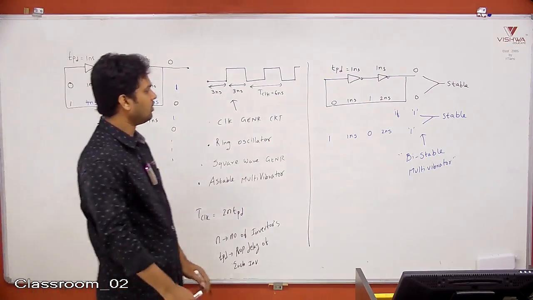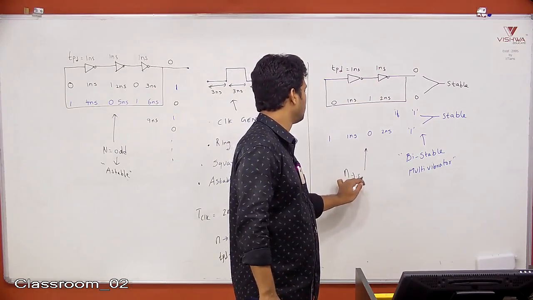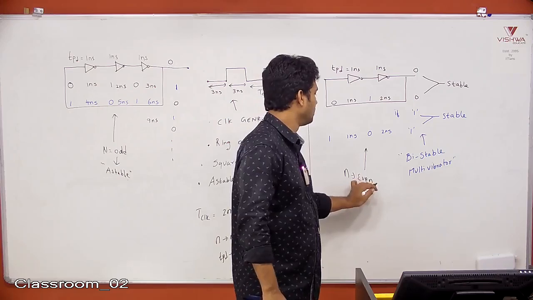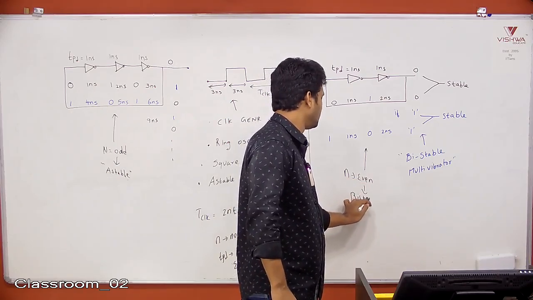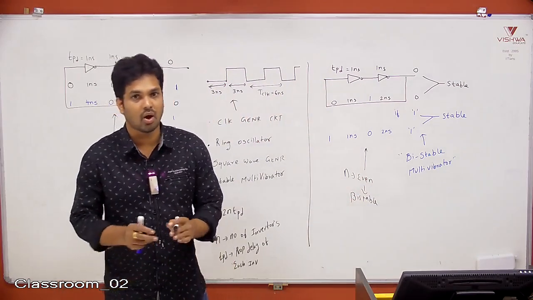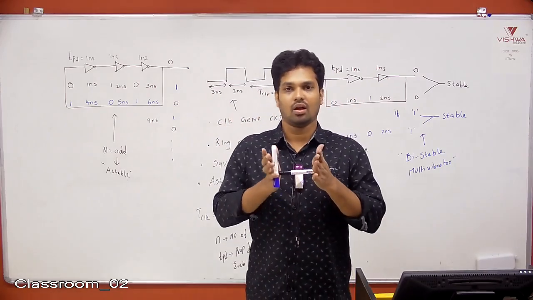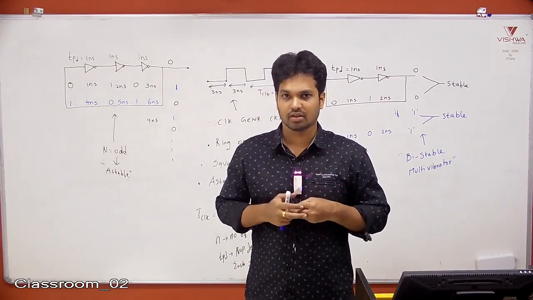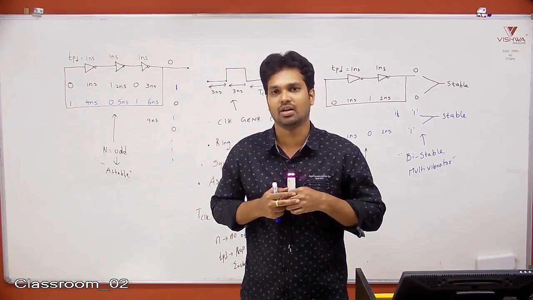If N equal to even, where N means number of inverters, then it is bistable. So if you connect an odd number of inverters in a loop, it is an astable multivibrator. If you connect an even number of inverters in a loop, it is a bistable multivibrator. Copy it.